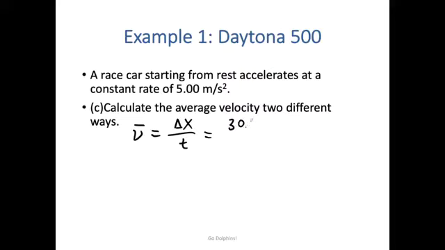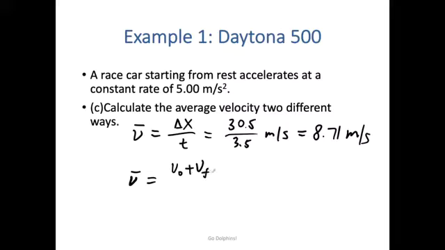Displacement is 30.5 times 3.5 meters per second. Second method, we also know average velocity is initial velocity plus final velocity divided by 2, plugging in all the numbers. That's the same thing.